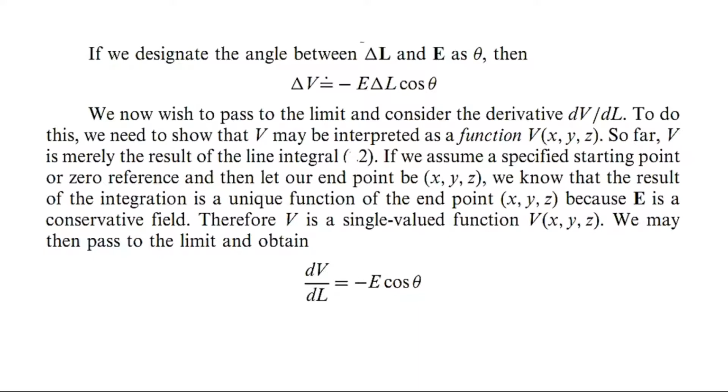So dV by dL is maximum when cos of theta is equal to minus 1, and it means that E will be opposite to the maximum rate of change of potential.